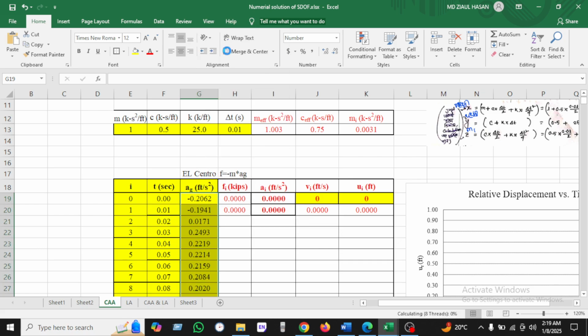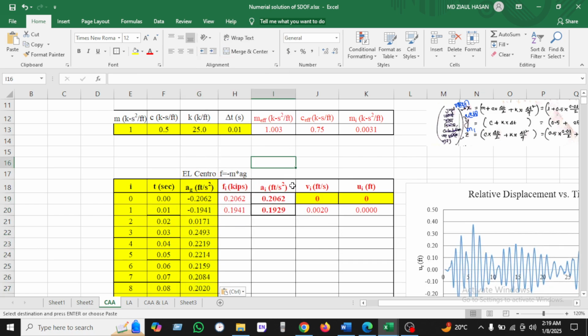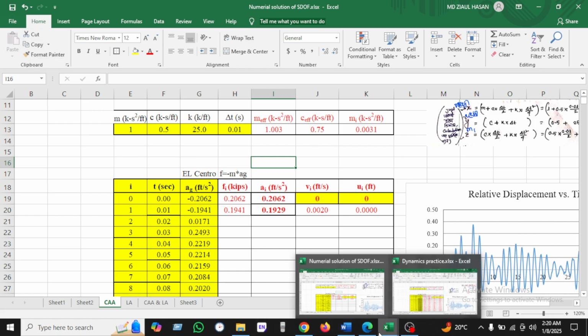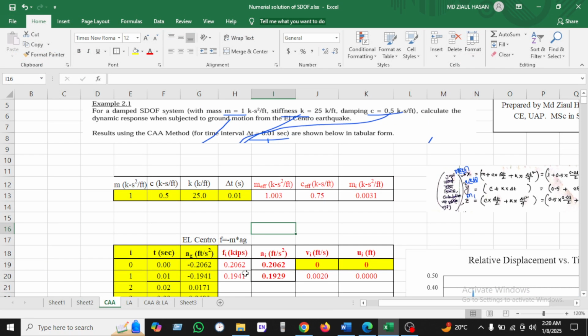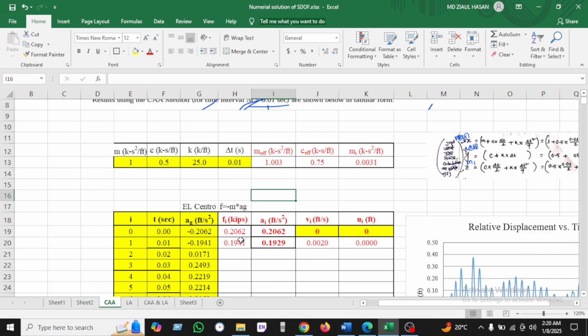So I'm inserting this. This is the El Centro ground motion I took when I downloaded it. Okay, this is the El Centro ground motion, and F1, how will we get F1?